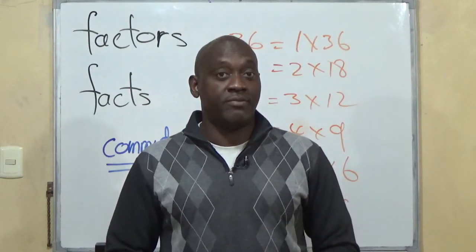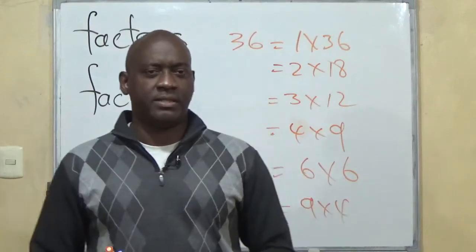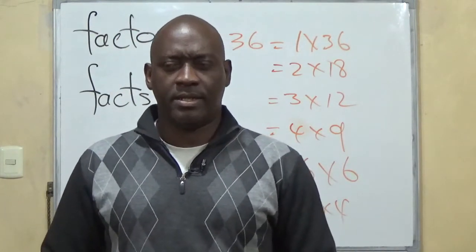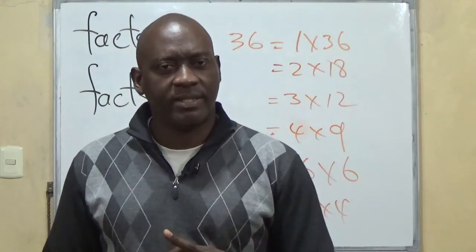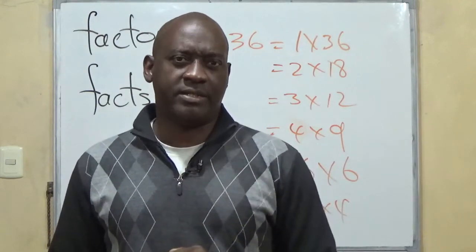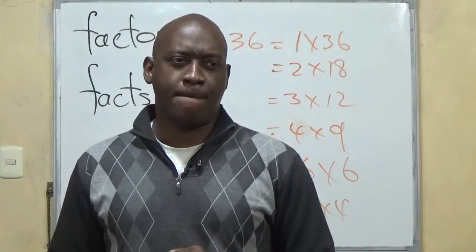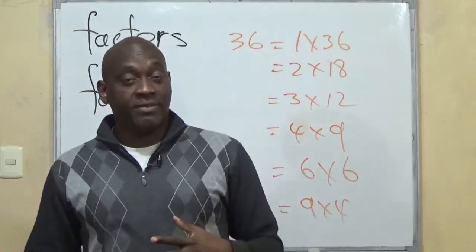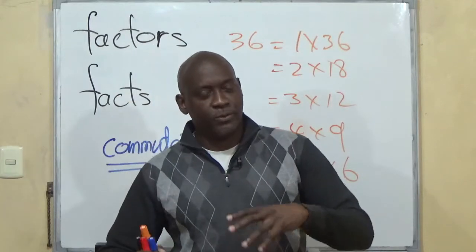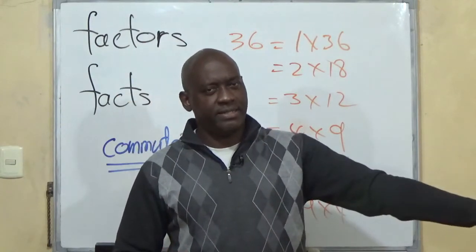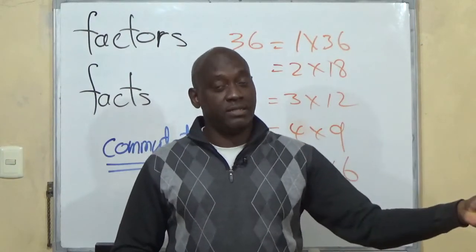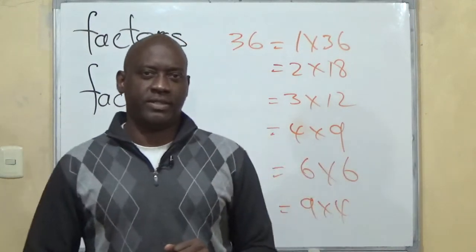And if 12 is a factor of 36, and we know that 12 by 3 is 36, then 3 is also a factor of 36. Etc., etc., etc. If 2 is a factor of 36, and we know that 2 multiplied by 18 is 36, then 18 is also a factor of 36.